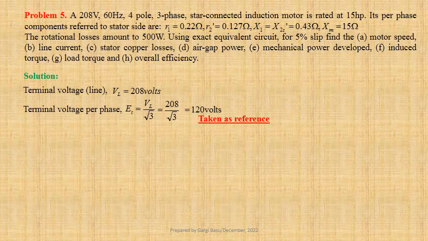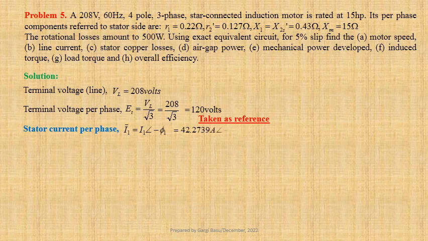In polar form we can write stator current per phase I1 equals I1 at an angle minus phi1 equals 42.2739 ampere at an angle minus 25.7397 degree. For star connected induction motor, stator current per phase equals stator line current.